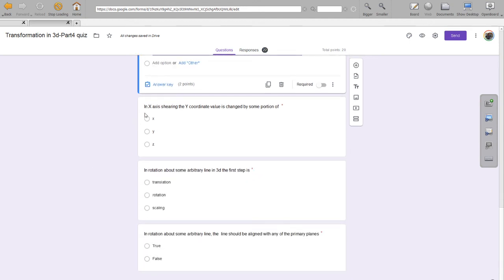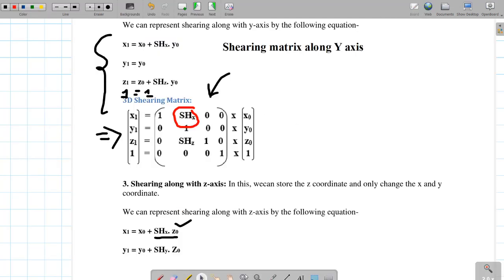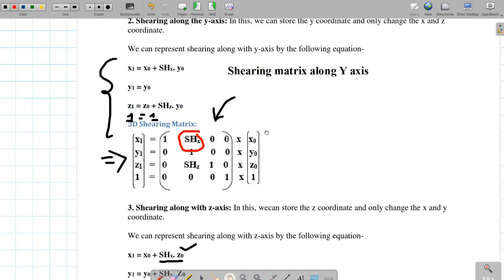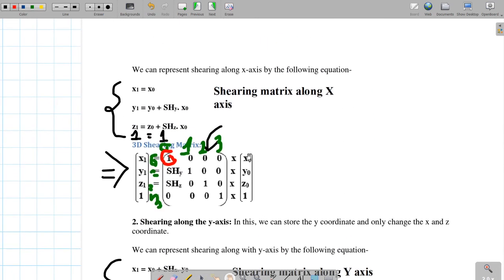Last three questions. In x-axis shearing, the y-coordinate value is changed by some portion of x, y, or z. So for this, let me revisit the equations for shearing along x-axis. Here you can see that y and z coordinates are changed by some scaled value of x.